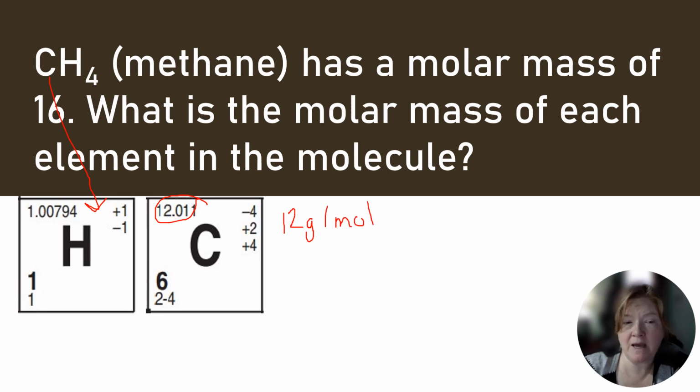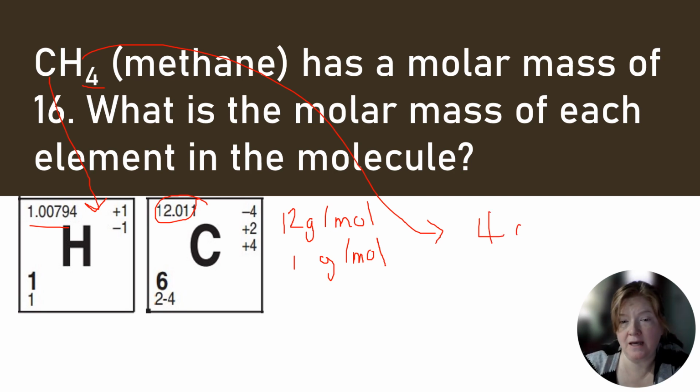And what is the molar mass of hydrogen? It is 1 gram per mole. Now, in the substance methane, I have 4 hydrogens. So in methane, the molar mass of 1 hydrogen is 1, but the total mass for hydrogen is 4. Okay.